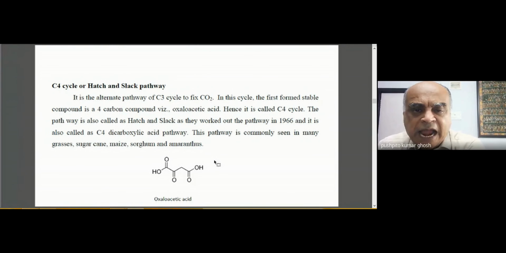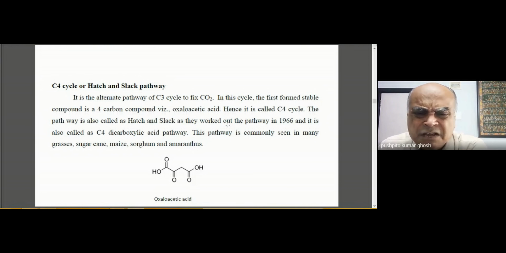And that mechanism was unraveled, you can see, in 1966. We are talking about not even 55 years since these mechanisms were worked out. So plants have existed since eternity, but the understanding is quite recent.